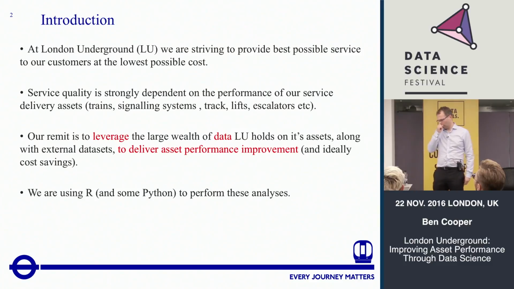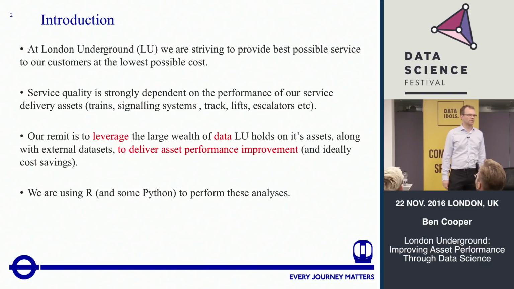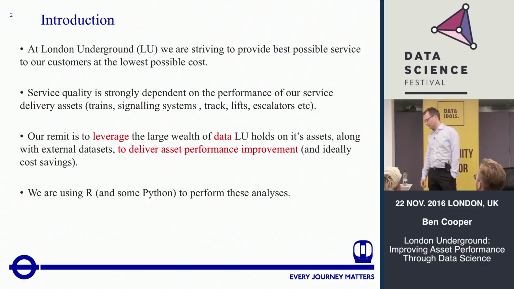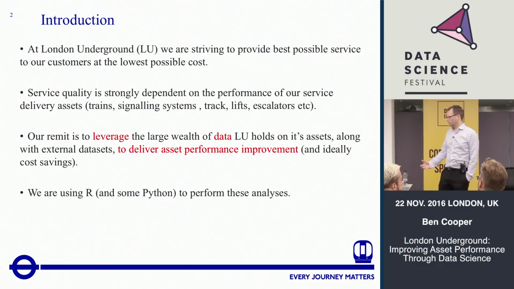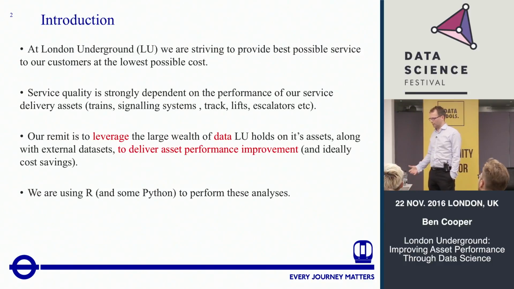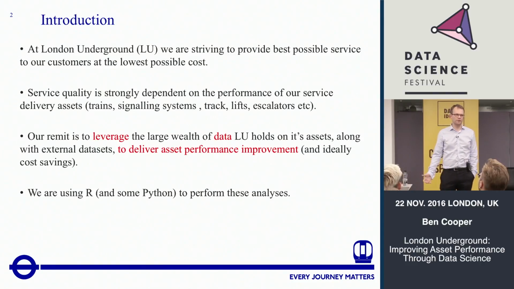So at London Underground, we're striving to provide, obviously, the best possible service to our customers at the lowest possible cost, and this cost thing is becoming more and more of an important issue across TfL. And obviously, the quality of the service we provide, there's a lot of customer experience and other things that come into this, but what most customers care about is whether the tube train they're getting on in the morning is absolutely rammed or delayed or whatever.